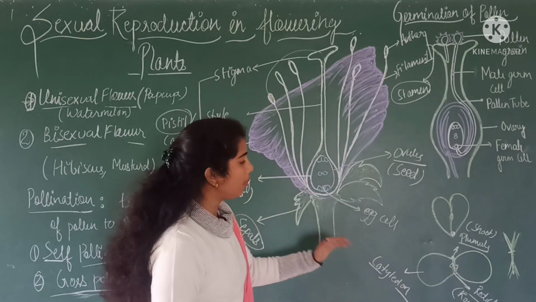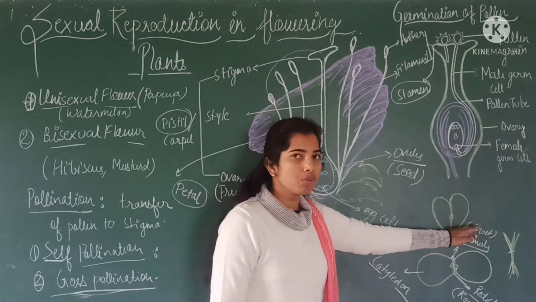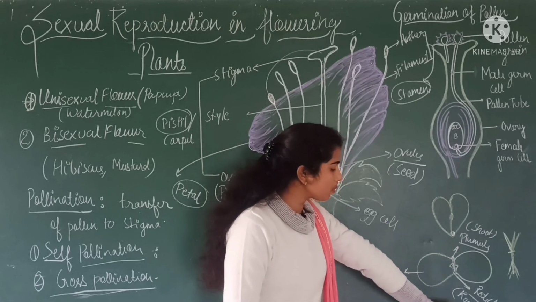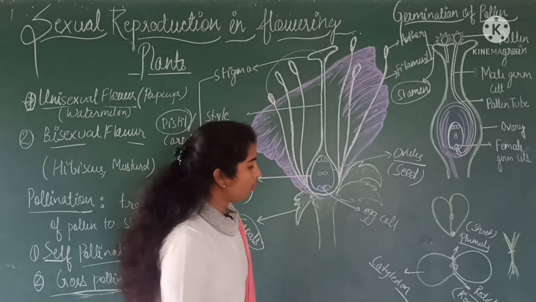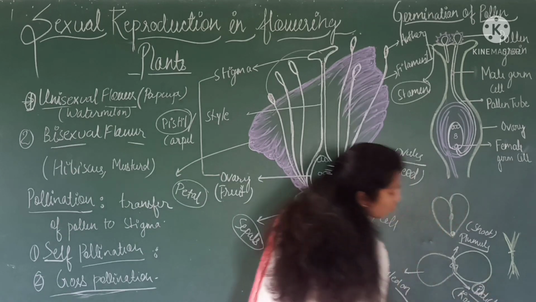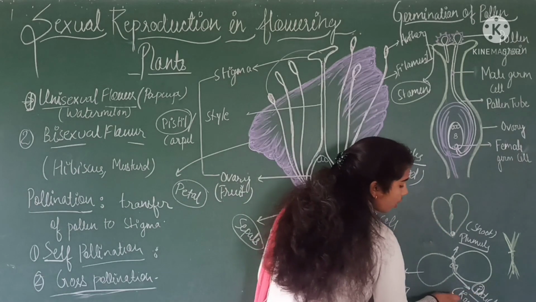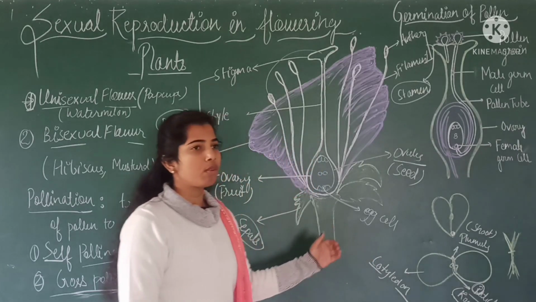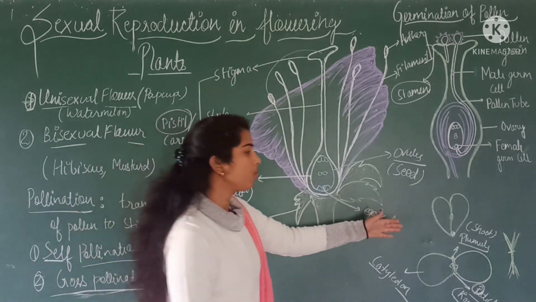When a seed germinates, the plumule develops into the shoot and radicle develops into the root. If you are confused, then we use this trick: R for radicle and R for root. Radicle develops into the root and plumule develops into the shoot.